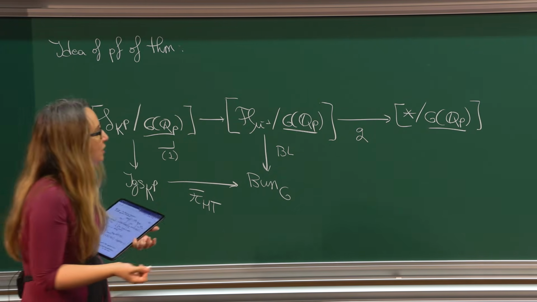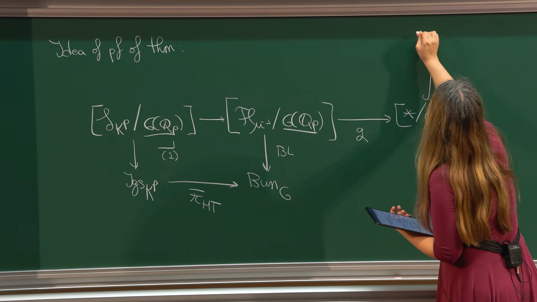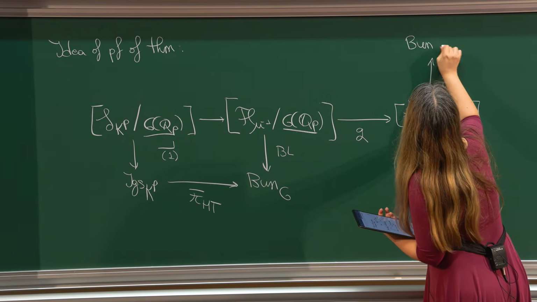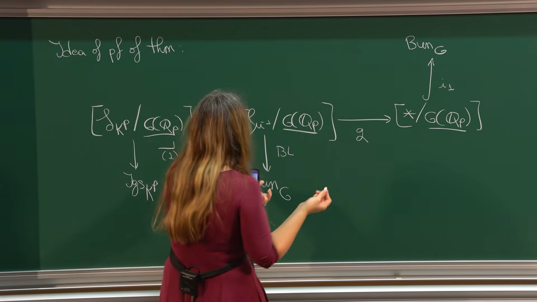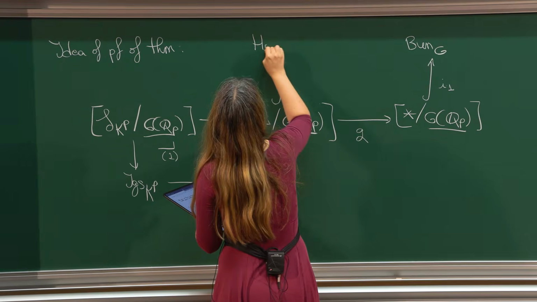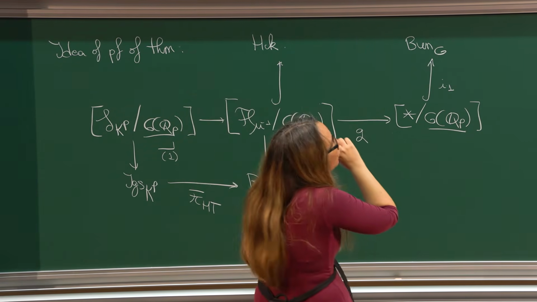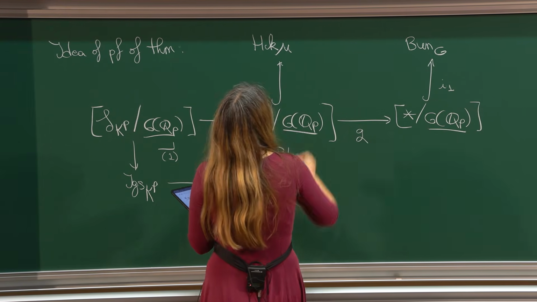But then there's a second Cartesian diagram. So remember that this includes into Bun_G via i1. And then over here, this includes into the Hecke stack for G. What did I call it? Just Hecke mu. Okay, but still for the group G.